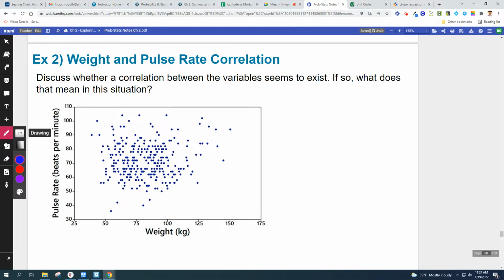Another way of thinking about that is if I made a new point out here at 175, you don't know if that dot's going to be up here or down here. You can't really tell, because you can't really tell if this thing is increasing or decreasing. No correlation seems to exist.